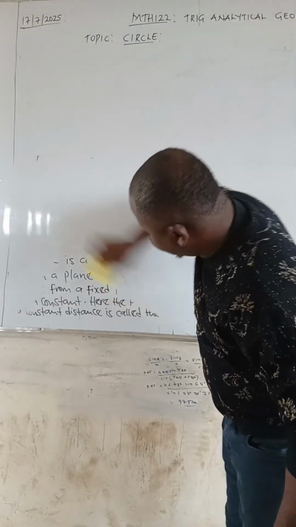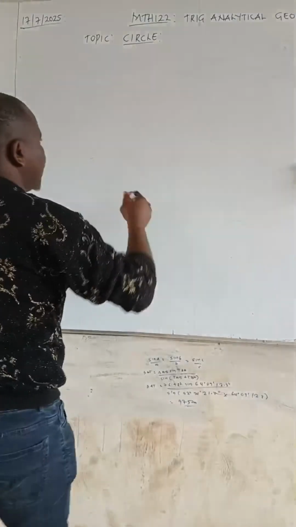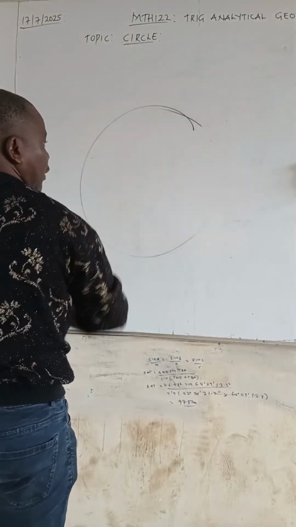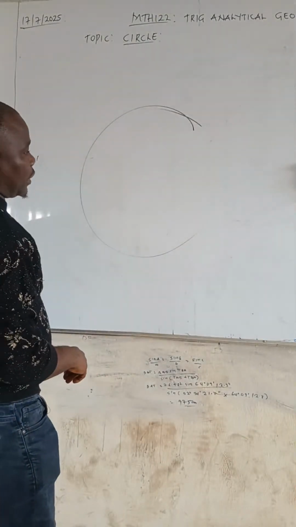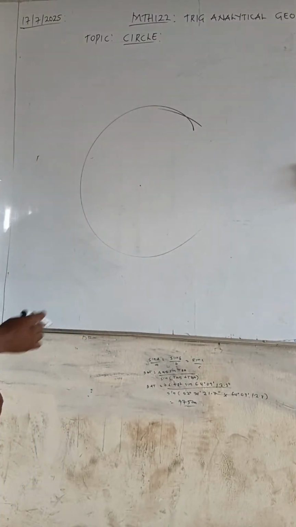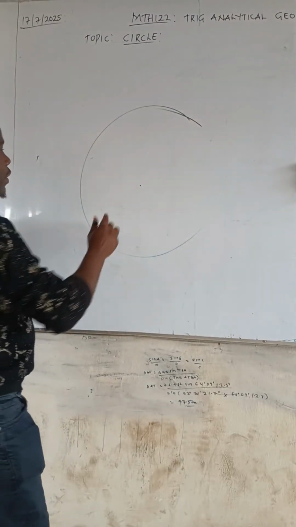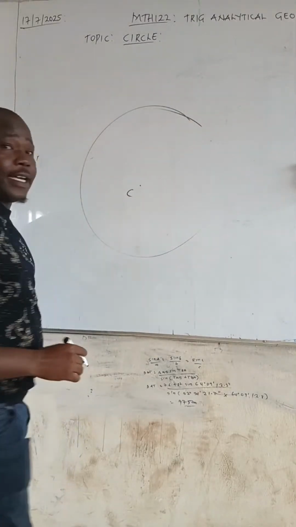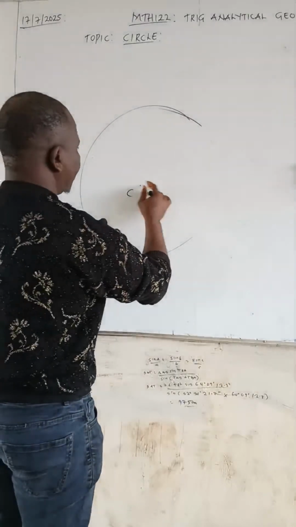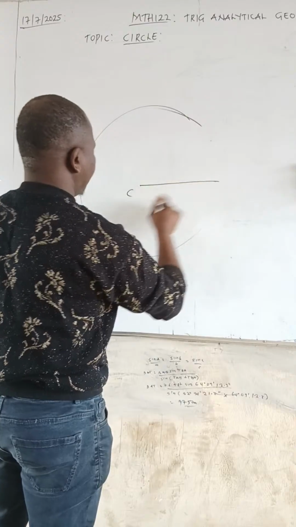So, let us have some sketch. Let's have it in this form. Let us assume that this is the circle, although it is not perfectly drawn, and this is the center C, right? And then we have the radius here.